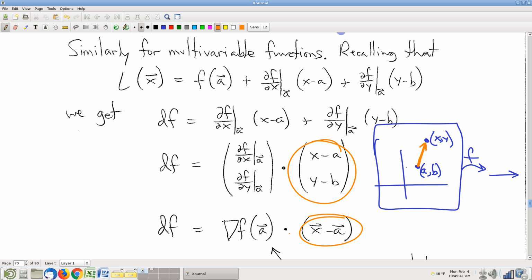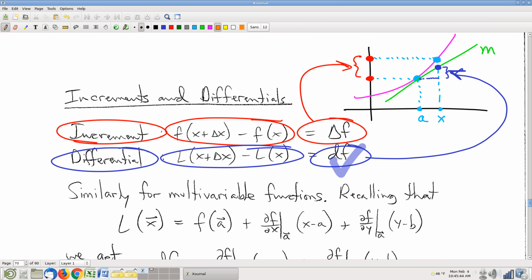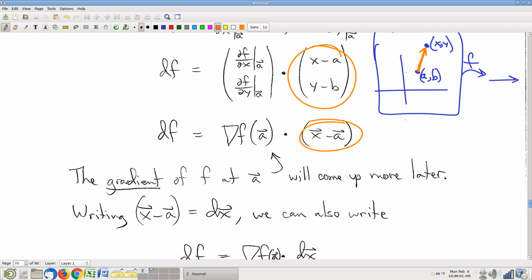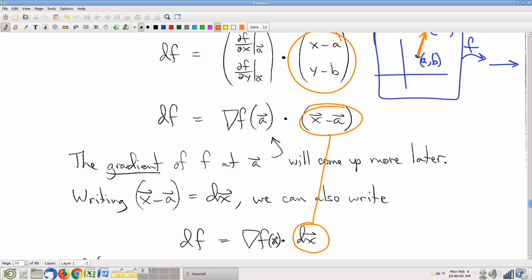In the same sense that we might call this dx, and you all probably remember dx referring to how much you are changing on the x-axis, x minus a can be rewritten as dx. Along those same lines, this thing here we will rewrite as the dx vector.